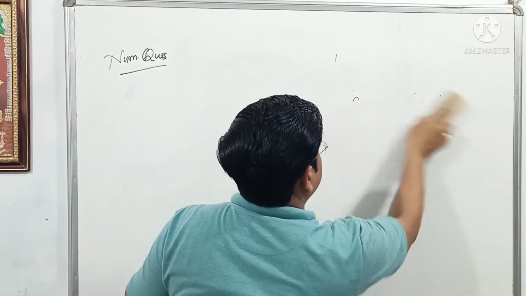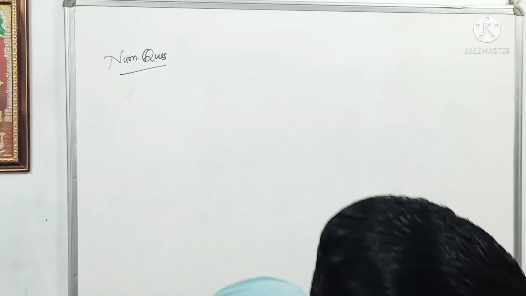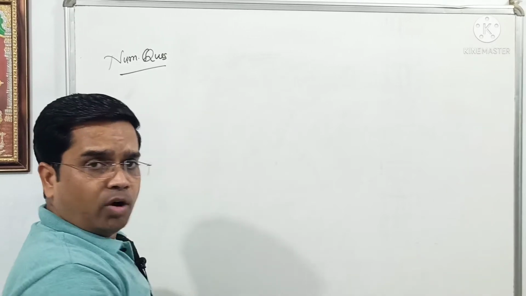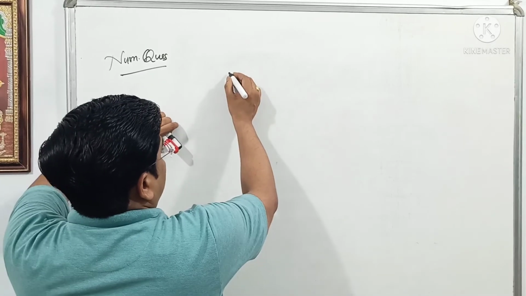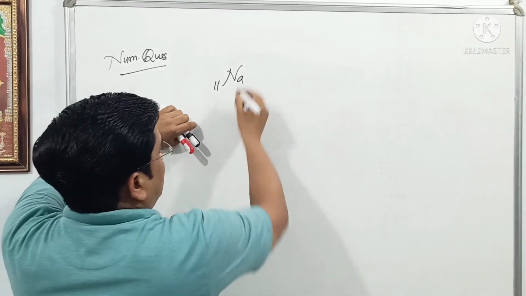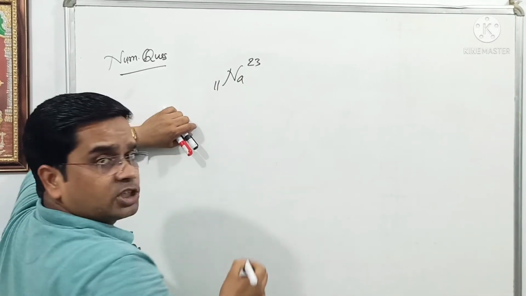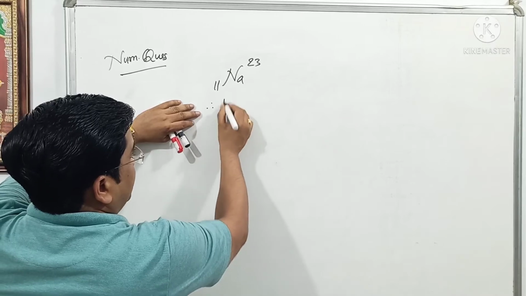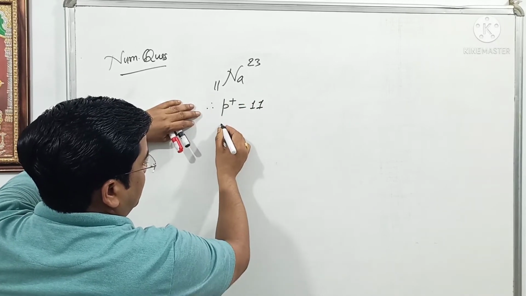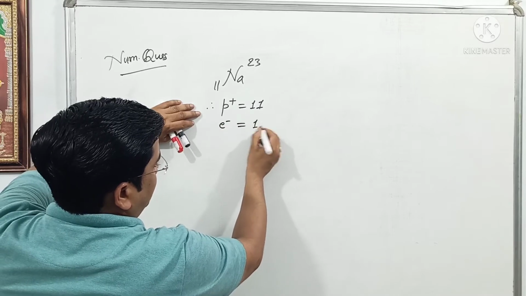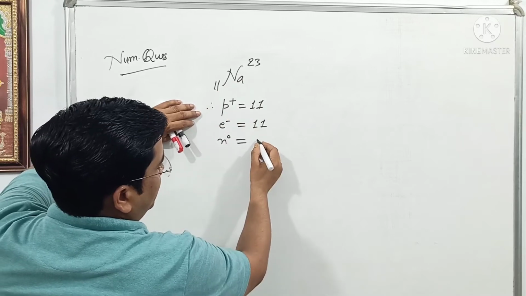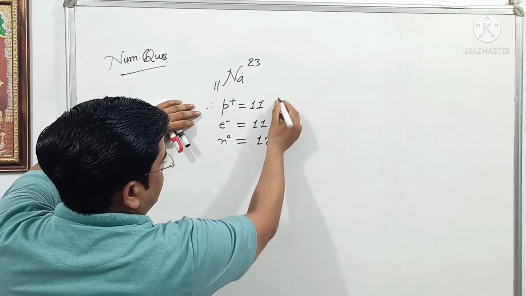One thing friends, you should pay attention, especially you who have studied ionic bond or electrovalent bond. If we take the example of sodium, then atomic mass number is 23. Then here number of protons is 11 as atomic number is 11, number of electrons 11, and number of neutrons will be equal to 23 minus 11, that is 12. This is known.